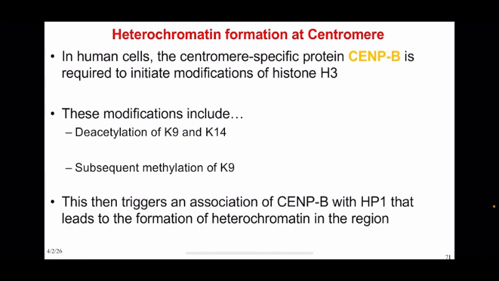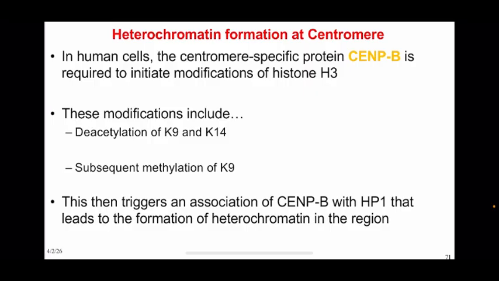These modifications include removal of acetyl groups on K9 and K14, and also methylation of K9. We know the implication of this: removal of acetyl groups and addition of methyl groups are all done to promote heterochromatin formation.